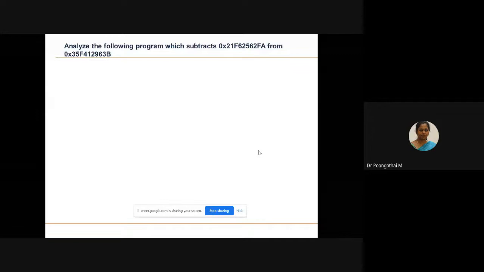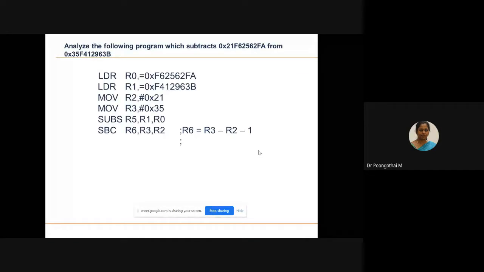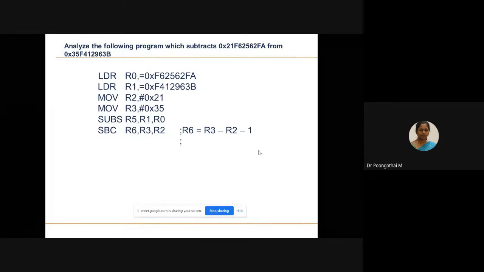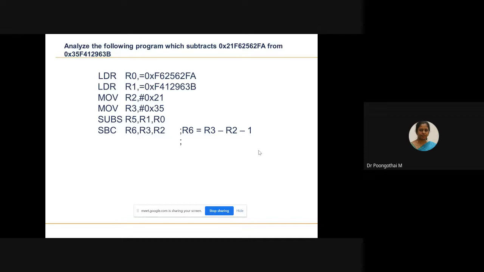So analyze this program. Analyze the following program which subtracts a 32-bit value from another 32-bit value.